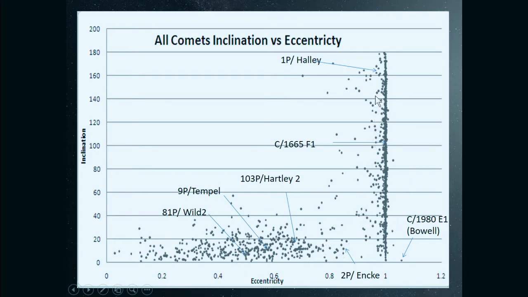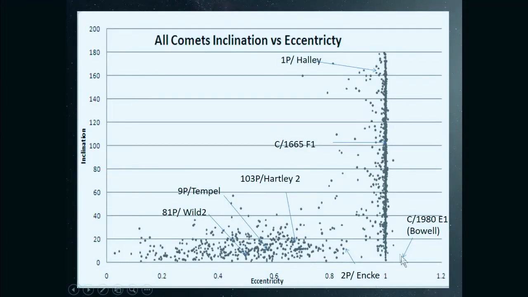But there are a whole bunch of comets that are very, very far away from the sun at their furthest approach, almost escaping into space. If somebody just gave them a kick, probably they would escape from our solar system. And these are clustered around one. But there's the odd comet with an eccentricity greater than 1.